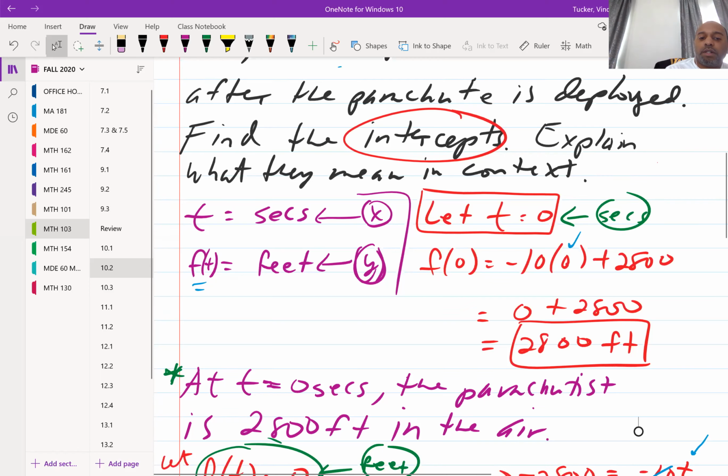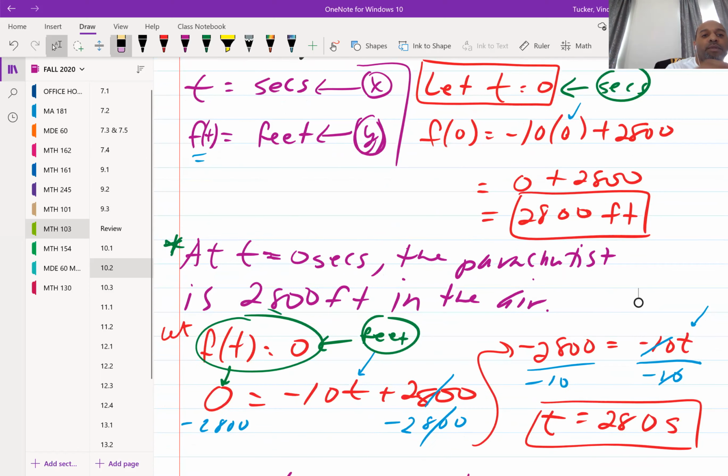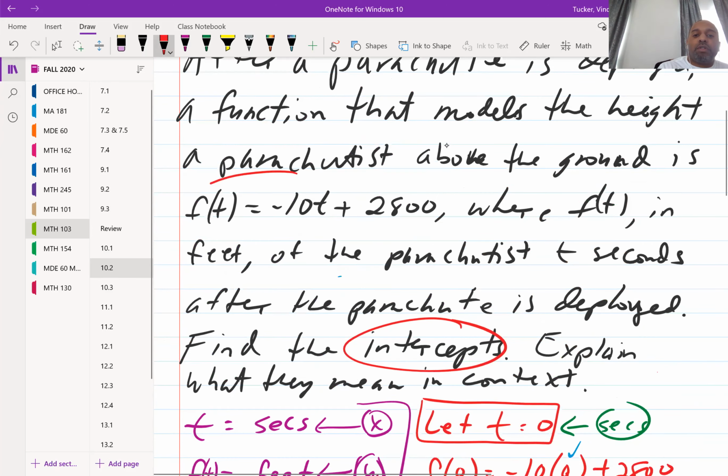All right, next one, we're going to let f of t be equal to 0. So we let the other piece be equal to 0, f of t equal to 0. And remember, when you go back to our original function, notice f of t was right here.